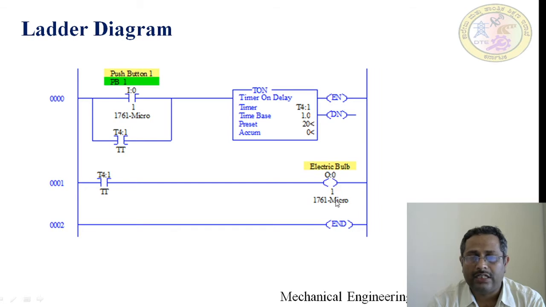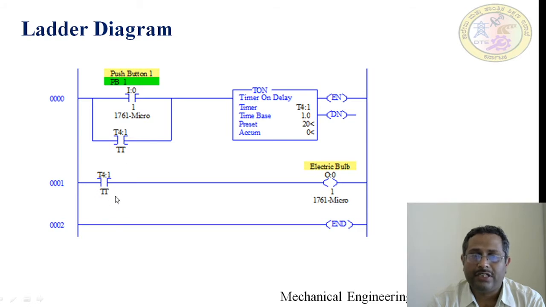In between these two, we have inserted a timer, because we want to switch off or switch on after a predetermined time. When we switch on the bulb, it should stay on for 20 seconds and then be off. For that, we are using a timer on delay with the TT bit.